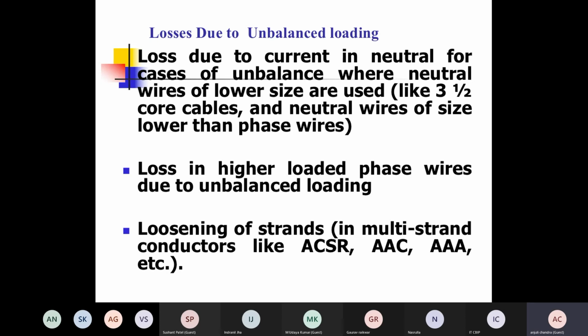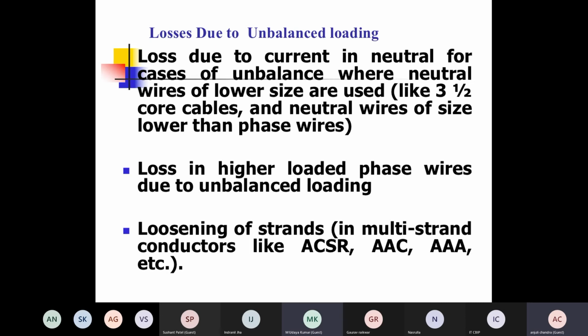Would you agree with me कि when there is an unbalanced loading, we have a three-phase system, four-wire system में unbalanced loading होगा, तो loss will be more than in a balanced system. Do you think so? Yes, madam.